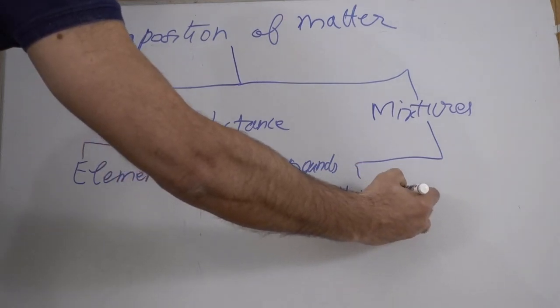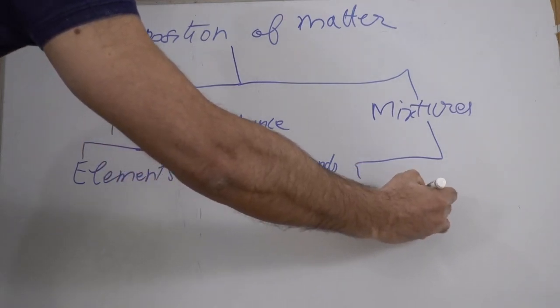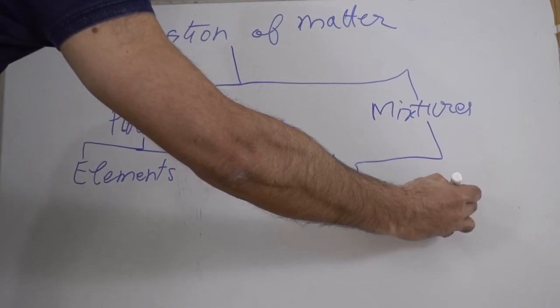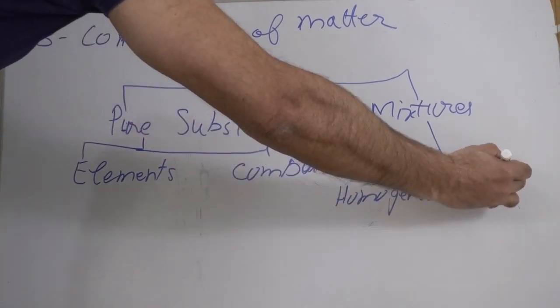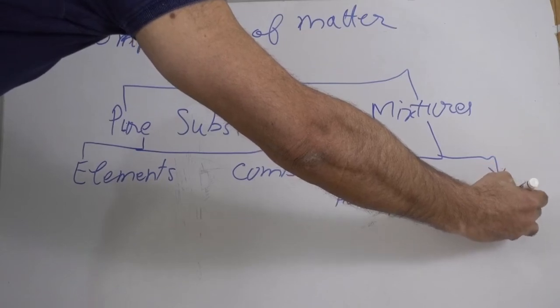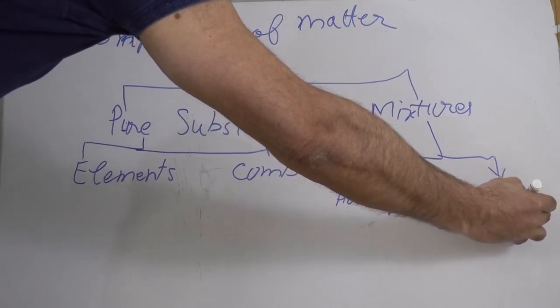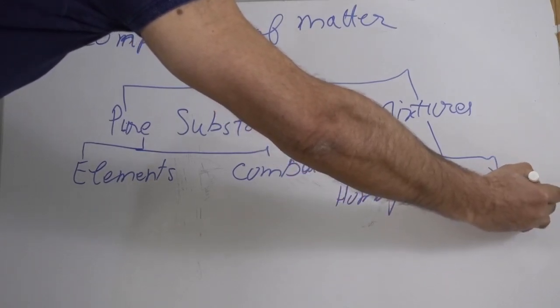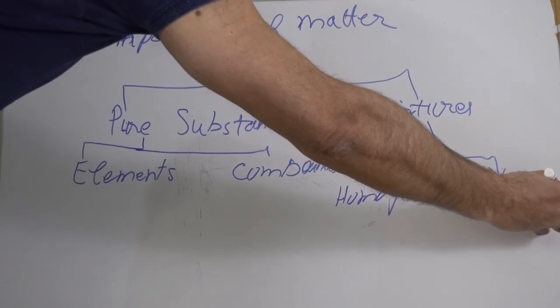Homo means same, geneous means composition, or can be heterogeneous. Hetero means different, geneous means composition.